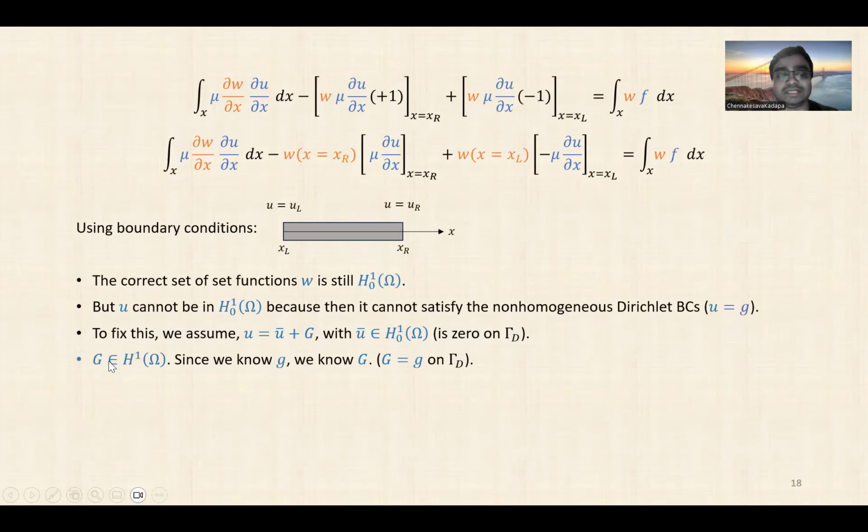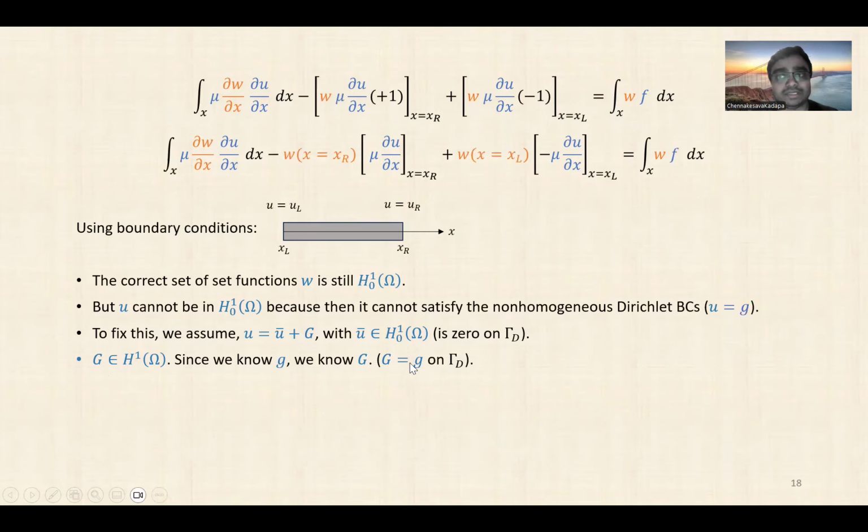Capital G is not in H10 space, but it is in H1 space. In H1 space, the functions do not vanish on the boundary. So G is in the H1 space, and we know small g.